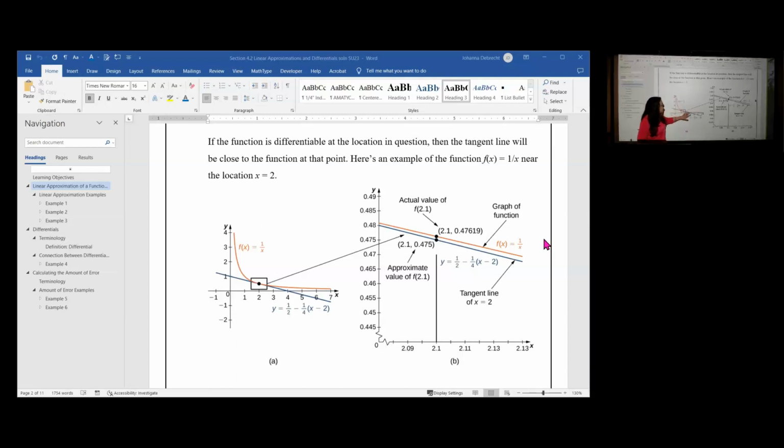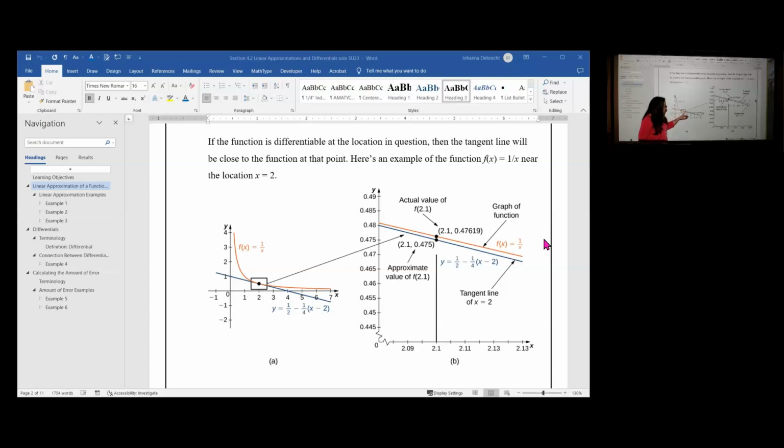Let's look at the graph of 1 over x in quadrant 1. You can see the graph here in the orange-red color. The tangent line at x equal 2 is graphed in blue. You can tell that the tangent line has a negative slope because it is decreasing left to right.